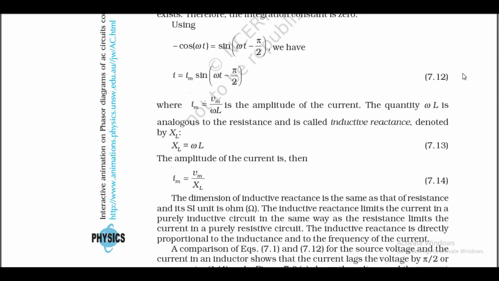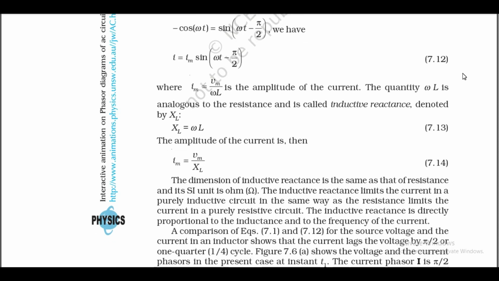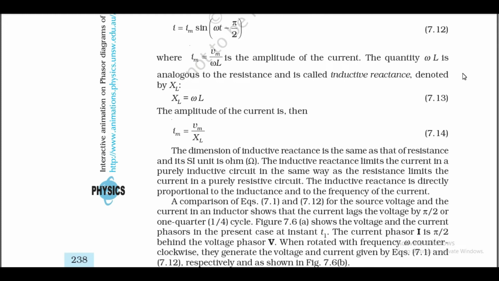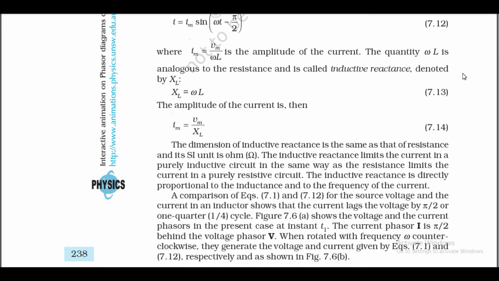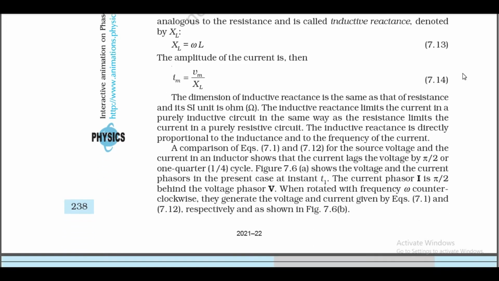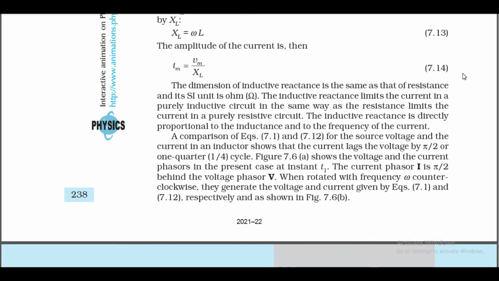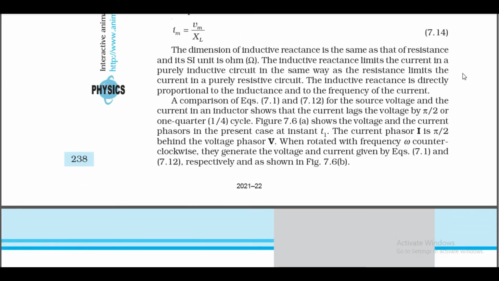The quantity ωL is analogous to the resistance and is called inductive reactance, denoted by XL. XL = ωL. The amplitude of current is then im = Vm/XL. The dimension of inductive reactance is the same as that of resistance and its SI unit is ohm.